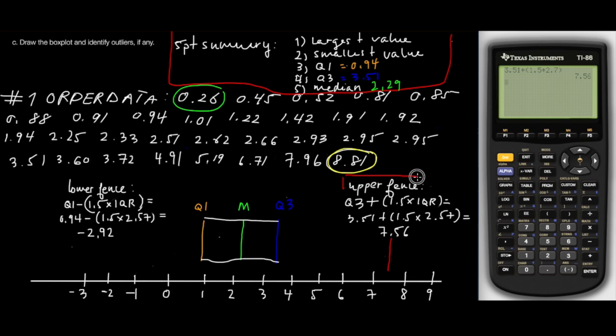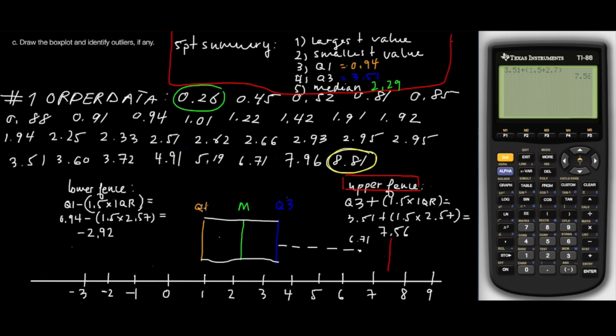Now, the last point before we hit our upper fence of 7.56 is 6.71. So that is the limit for our whisker. Right here, I'm just going to put a little note at 6.71.